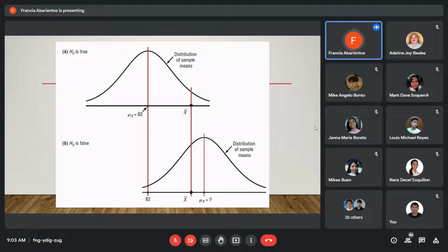For example, 82, if our null hypothesis is true, therefore, that is the mean we will get. Okay? So, this is now the true and the false, class. So, our 82 here will fall on the left side of the distribution. Okay?